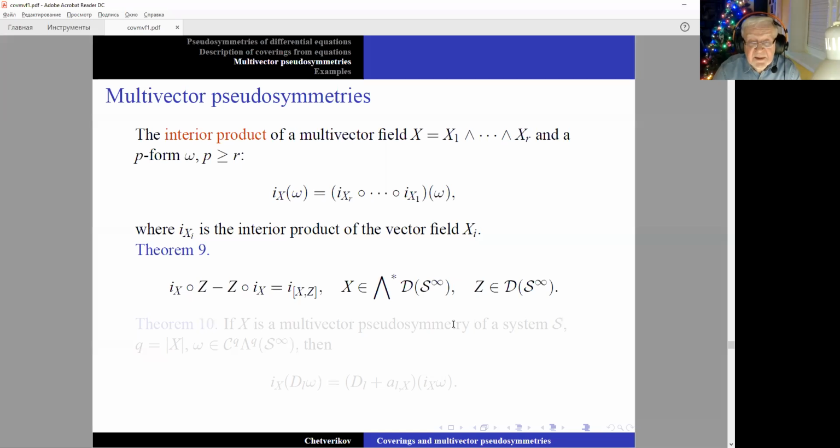I hope this helps to find multidimensional pseudosymmetries and multidimensional covariants.